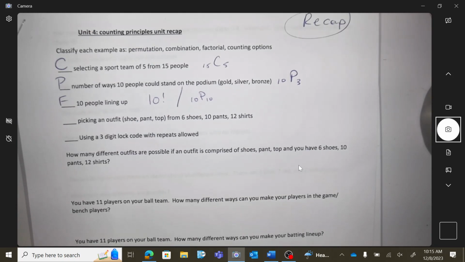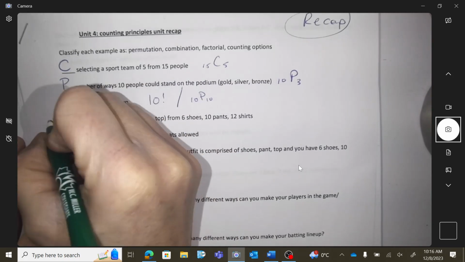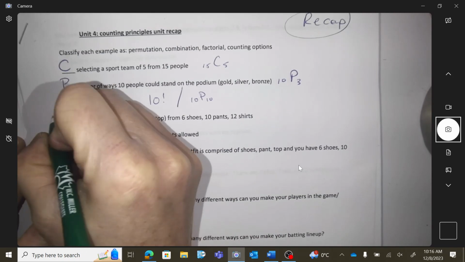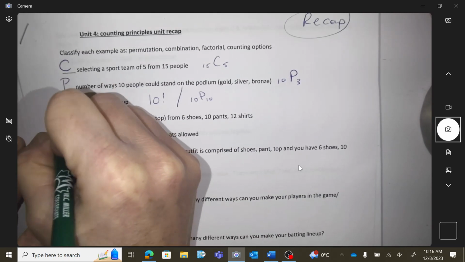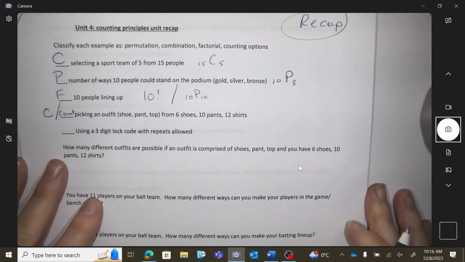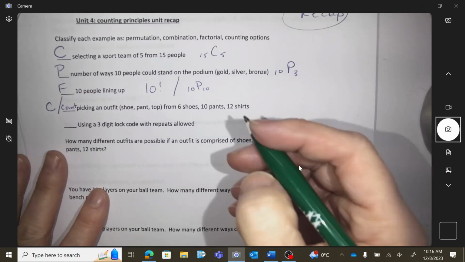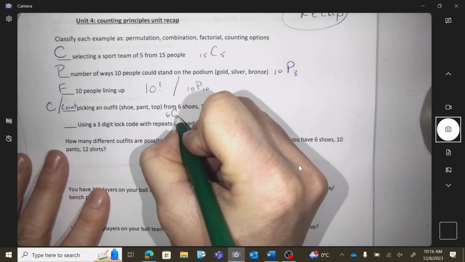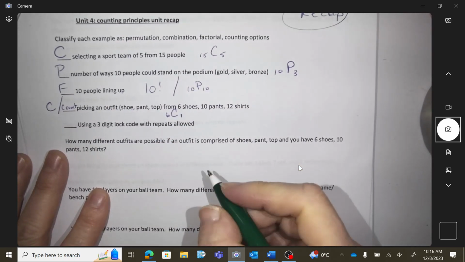Okay, picking an outfit. If you have 6 shoes, 10 pants, and 12 shirts, and you have to pick that outfit, I would accept 2 answers here. I would accept combinations or counting, because you would have 6 shoes and you have to choose one.